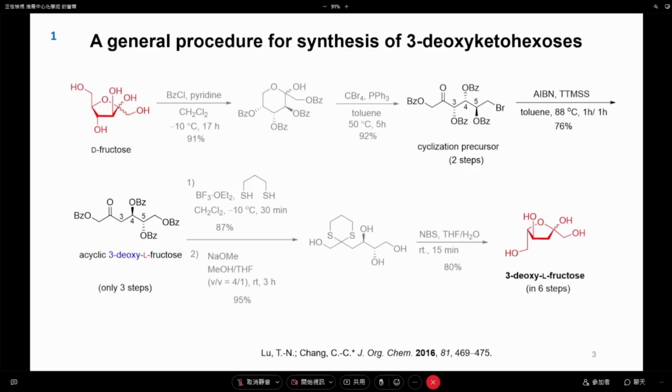And this is one of the examples I'm going to show you. We started from very cheap D-glucal. I show the product just in case you are not interested in synthesis. For this cyclization precursor, this is a D-form configuration.